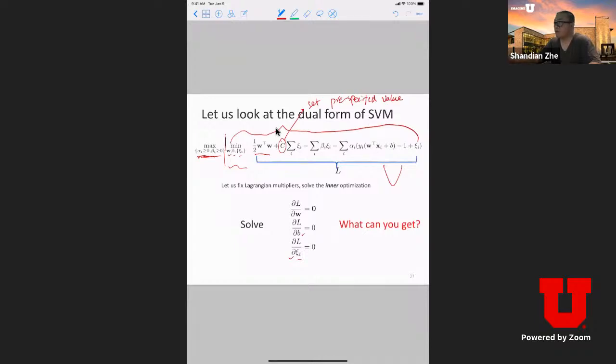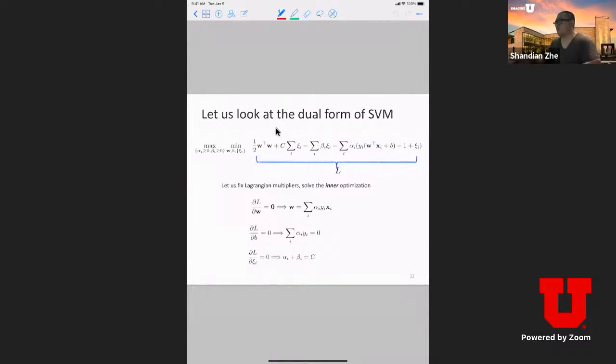Any other question? Okay. Then the remaining thing is quite mechanical, right? I'm not going to exactly show how we derive this, but it's pretty straightforward.